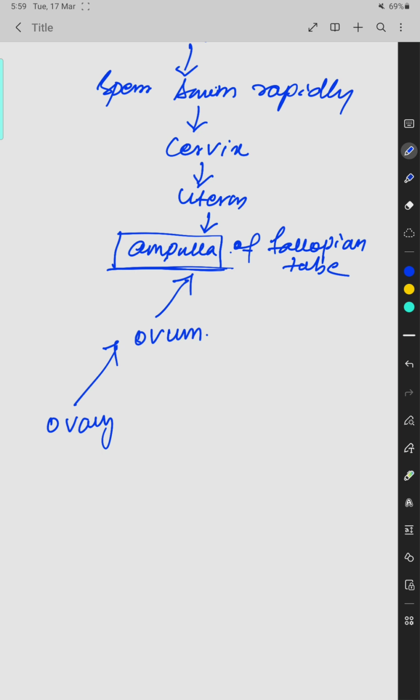Fertilization is always a matter of chance. This can take place only if the sperm and the ovum reach the ampulla simultaneously. And this is the reason why all copulations do not lead to fertilization and pregnancy.